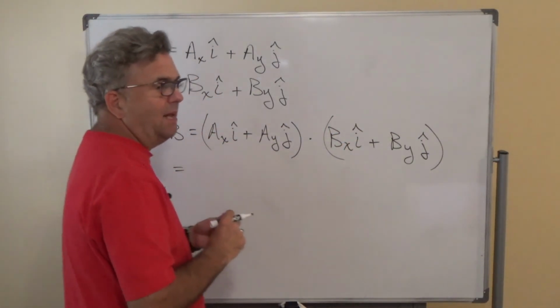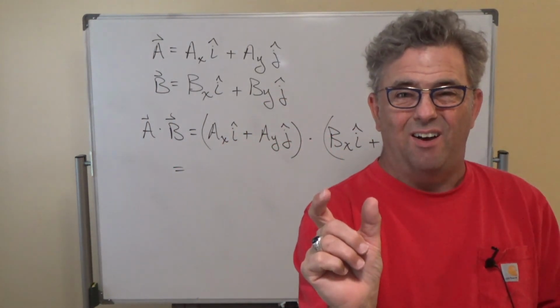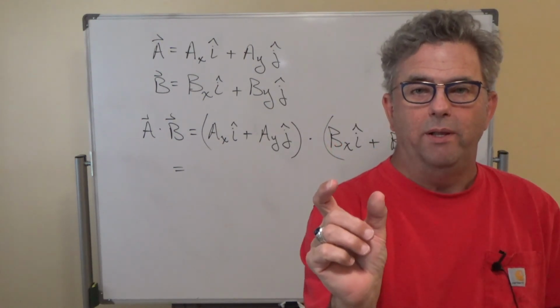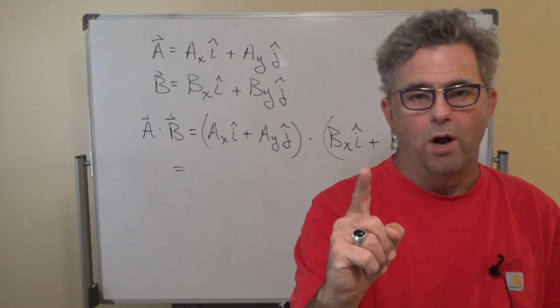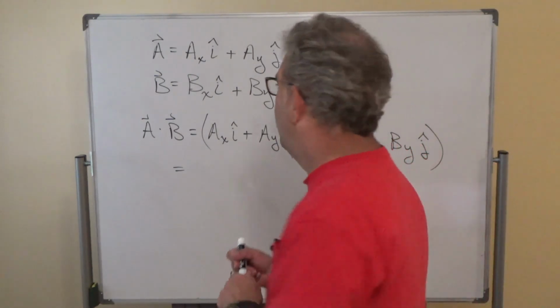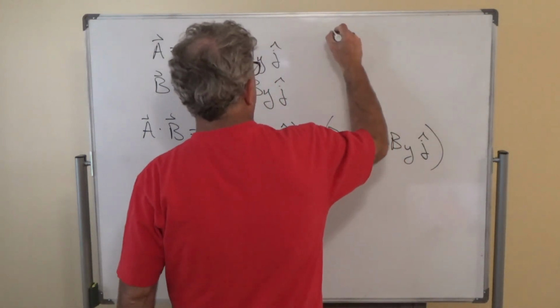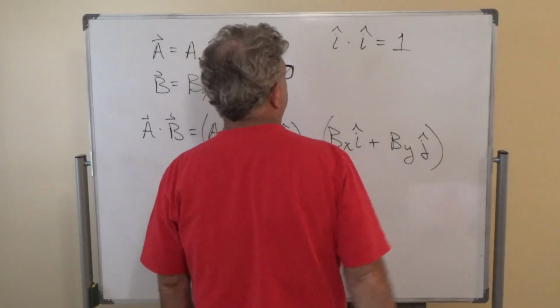Well, i hat dot i hat, if you're dotting the same vector with itself, the angle between those two is 0. i hat dot i hat is going to be 1, because these are unit vectors. i hat dot i hat is equal to 1.